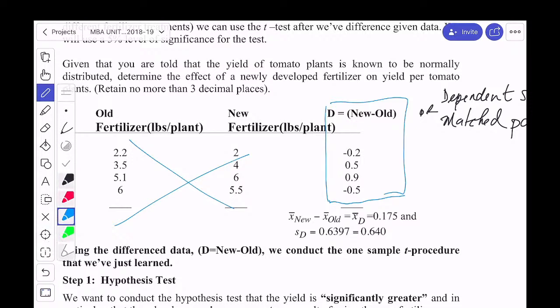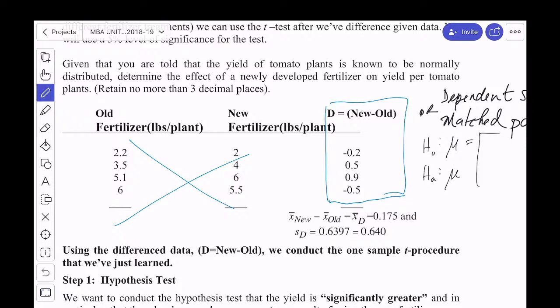The main thing to realize here is that whatever number you put here, you put here. We're talking about the mean difference now. And I do put a subscript here for D, but it's the same sort of test.